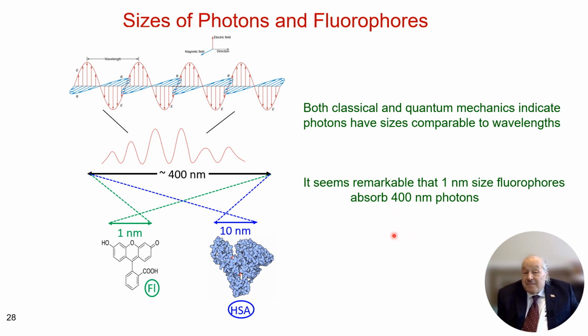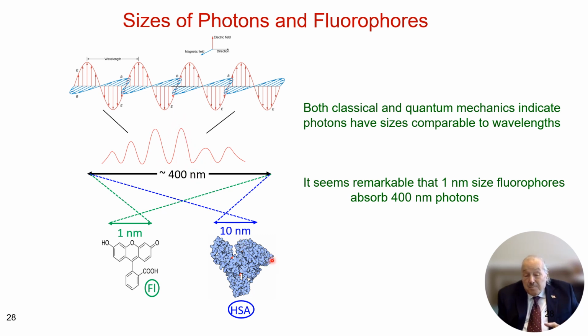I might have the physics all wrong with this, but I found this to be an interesting thought as I was preparing this lecture. I was thinking to myself, what is the size of the photons and what are the sizes of the fluorophores? In a way, it makes absorption a remarkable phenomenon, because according to quantum mechanics, a photon is about the length of the wavelength, so they're relatively big.